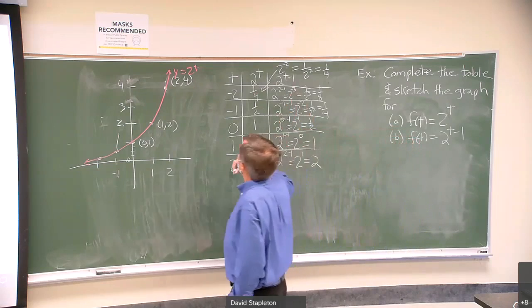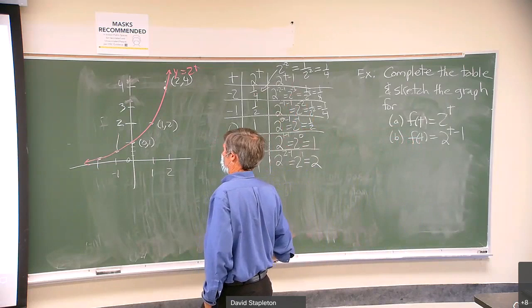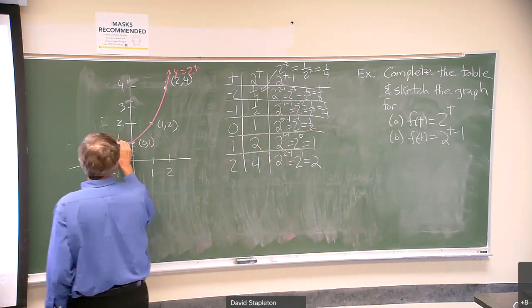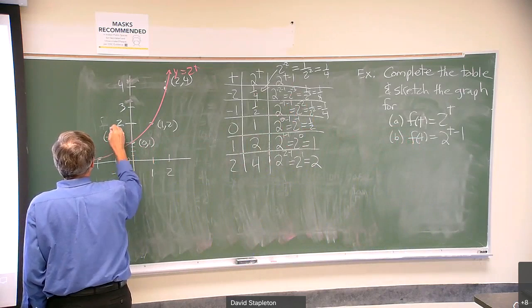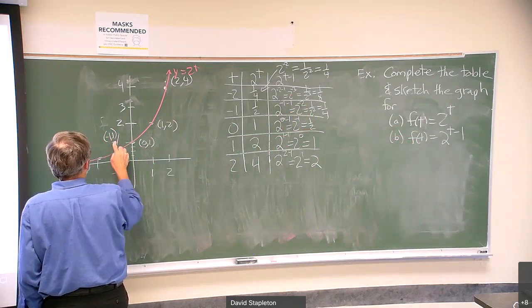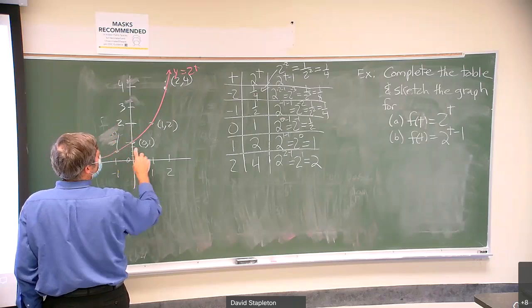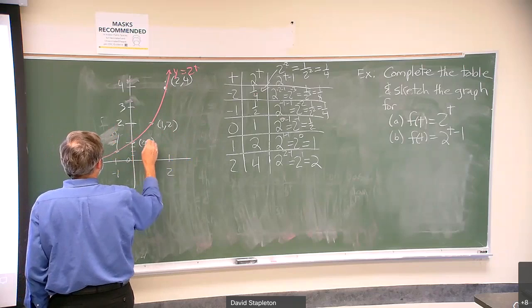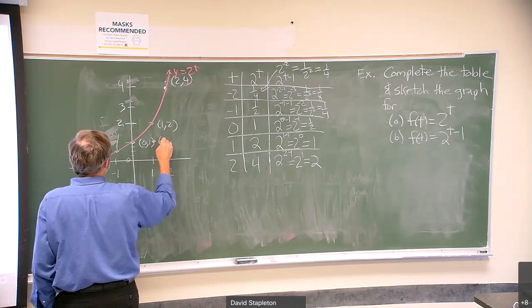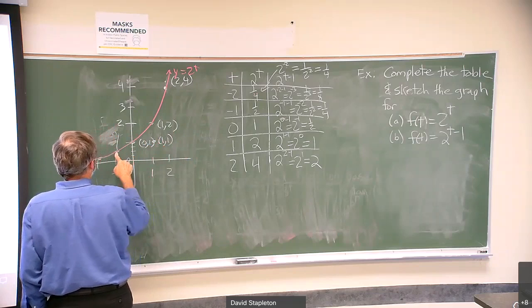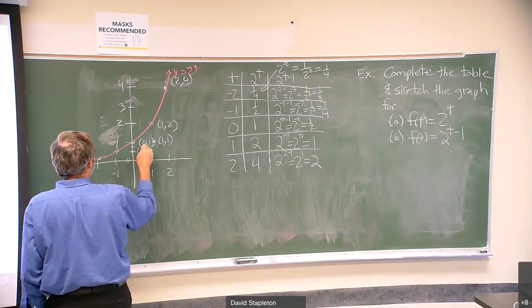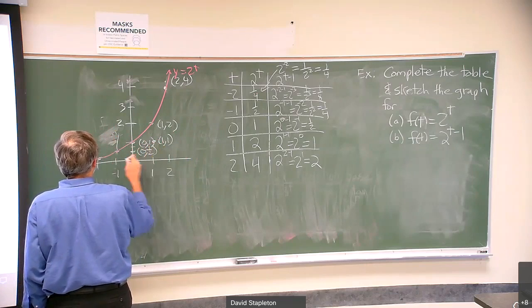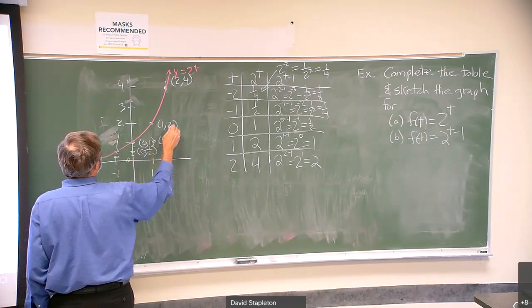And so 2 to the t minus 1 is just moving our graph over 1 unit, and I just have these same points. Instead of 0, 1, I have 1, 1. It's moving it 1 to the right here. Instead of negative 1, I have 0. I just add 1 to every x coordinate on the other graph.